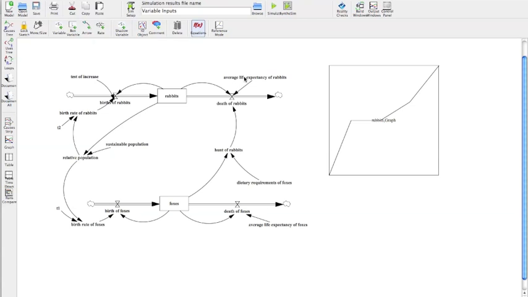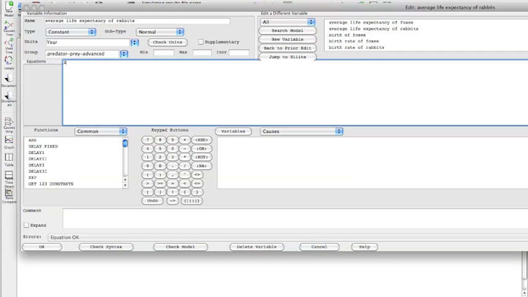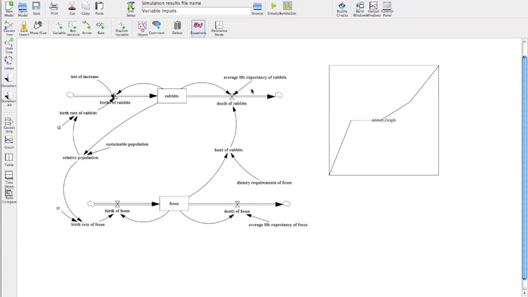Now, in this model, the average life expectancy of a rabbit is 2 years. So either a rabbit dies after 2 years, thereabouts, or is eaten before by the foxes, and that's a little bit of the dynamic of the demise or the decrease of the rabbit population.